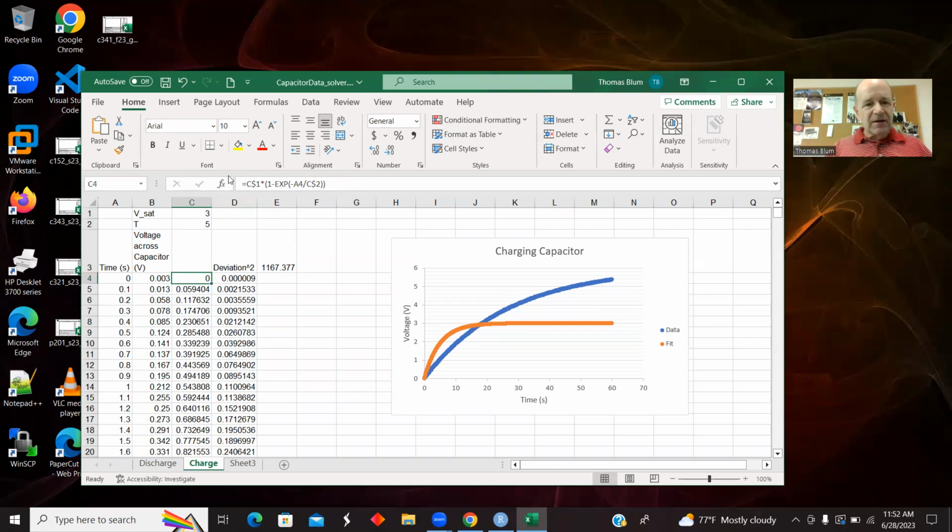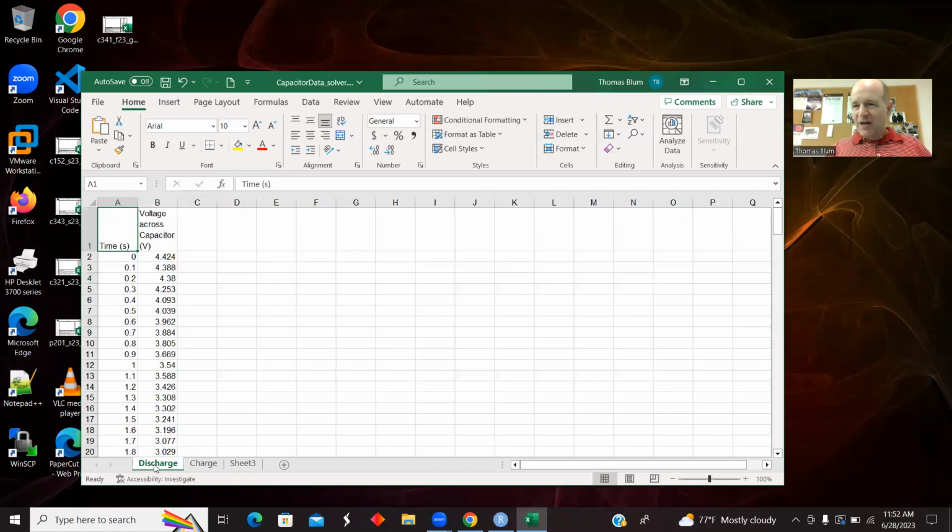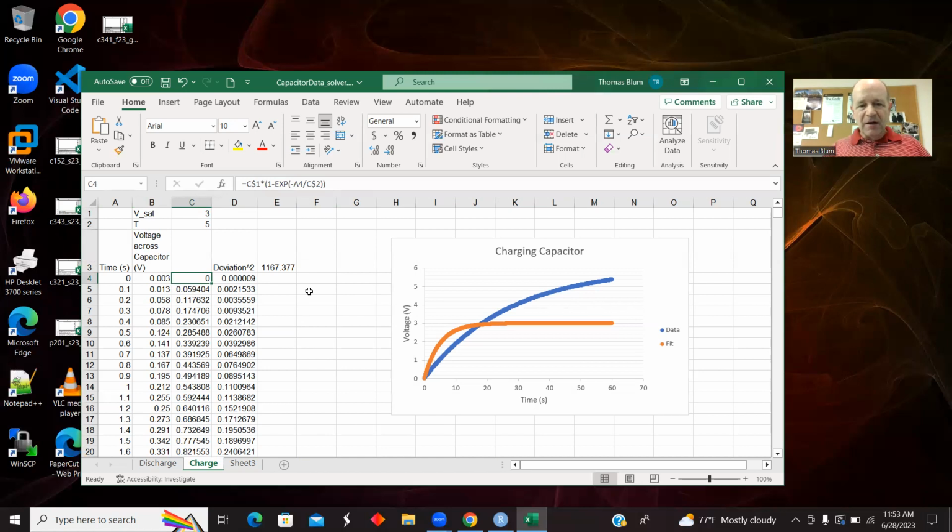If it were an exponential decay, if I were over here on my discharge sheet, there is some mathematical trick to make it linear in the parameters, and then there's an easy solution, and you don't have to play any kind of guessing game.